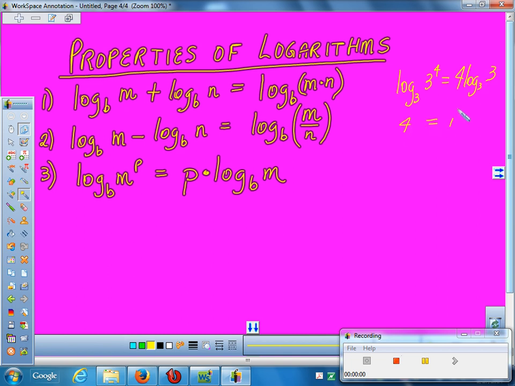The right side is 4 times something. Well, I got a log base 3 of 3 to the what power? 1. That would technically be a first power. So therefore, that log is equal to 1. And so, aren't those 2 things equal? Does 4 equal 4? Yes. So the plug rule works.